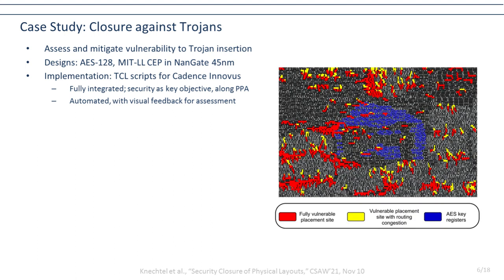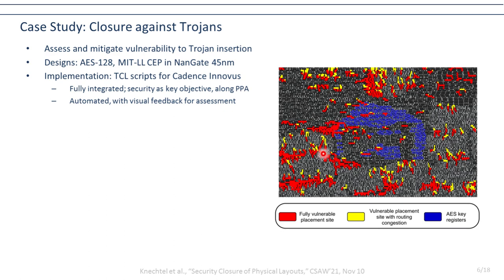So how does this feedback look like? What we are looking at here is top view on the placement of the cells and a layout of an AES cipher. We do have highlighted in blue the sensitive assets that are the key registers holding the secret key.